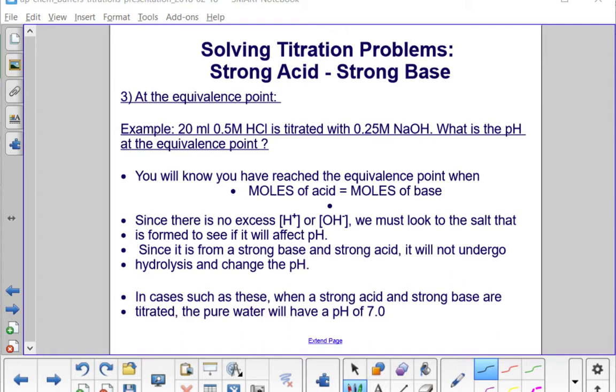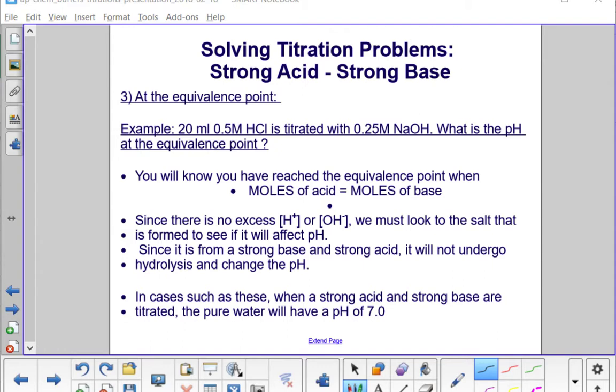If the moles of acid equal the moles of base, that means there's no excess H plus or OH minus, because they're equal. So we have to look to the salt that is formed to see if it will affect the pH.